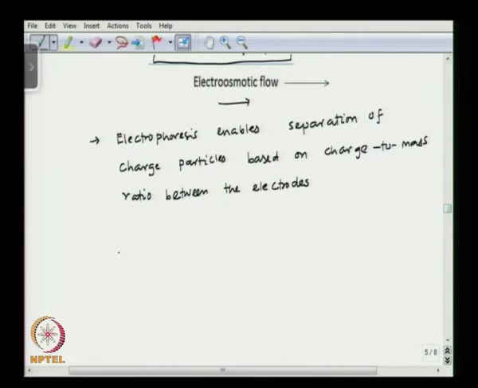Now, we talk about the ionic mobility. So, mu ion is ZE, charge, divided by 6 pi eta into the size of the charged particle. So, we try to do an order of magnitude estimation for the ionic mobility.